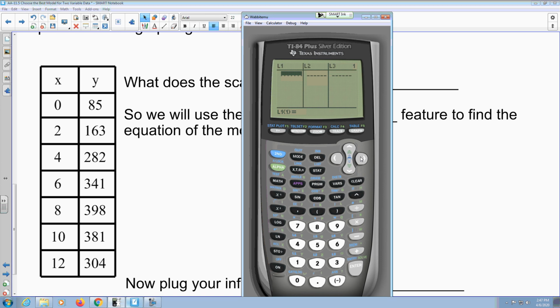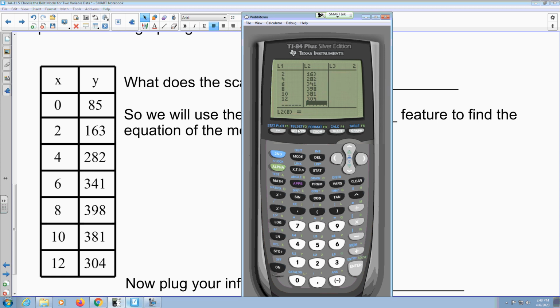So I got 0, enter, 2, enter, 4, enter, 6, enter, 8, enter, 10, enter, 12. Go to the y values. I got 85, 163, 282, 341, 398, I got 381, 304.